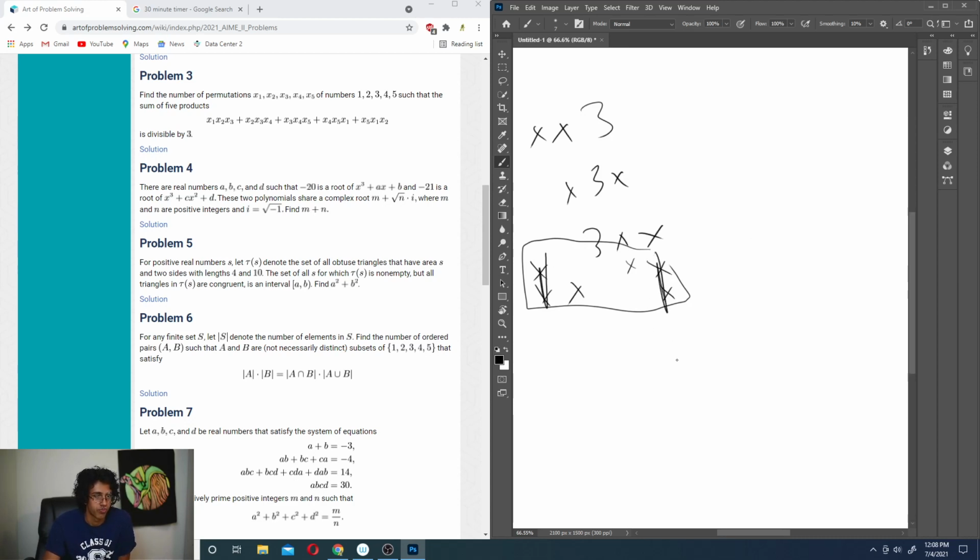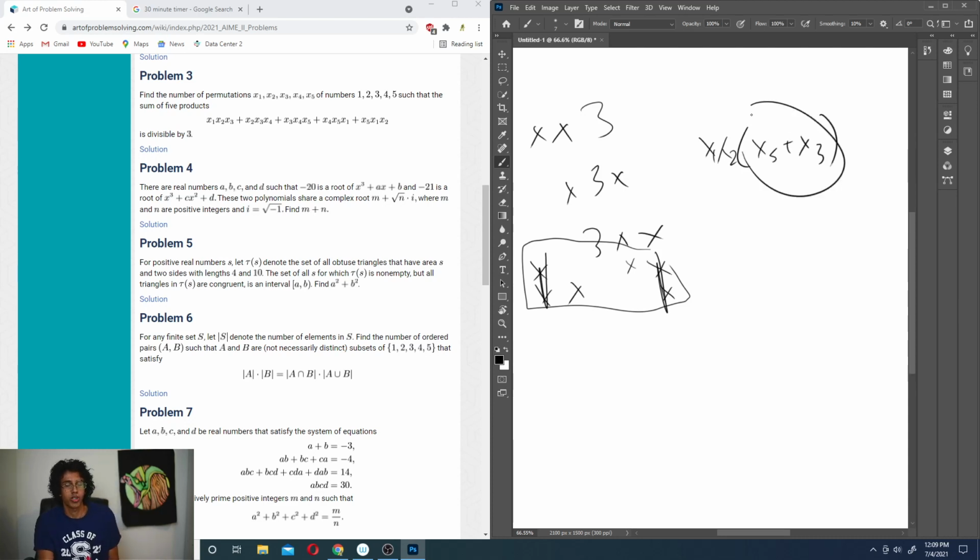So essentially we can factor out 2 numbers. Let's say it's these 2 sums, so we factor out x1, x2 times x5 plus x3, right? So essentially we need the 2 numbers next to the 3 to sum to a multiple of 3, and then we're good. So anything where the things next to the 3 sum to a multiple of 3 is good.